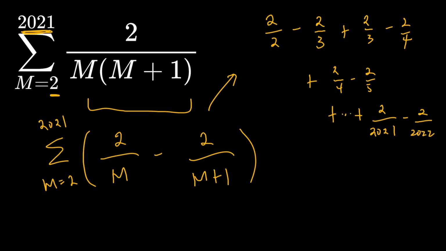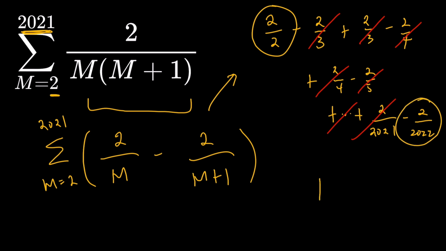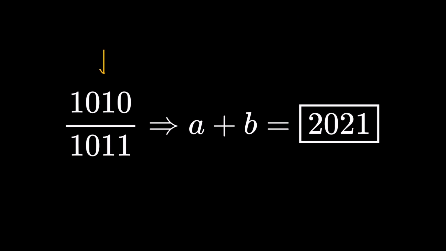And as I've mentioned, it's going to be a telescoping sum, so everything in the middle cancels out. What remains is just 2 over 2, that's 1. And then 2 over 2022, that's 1 over 1011. So 1 minus 1 over 1011, it's 1010 over 1011.